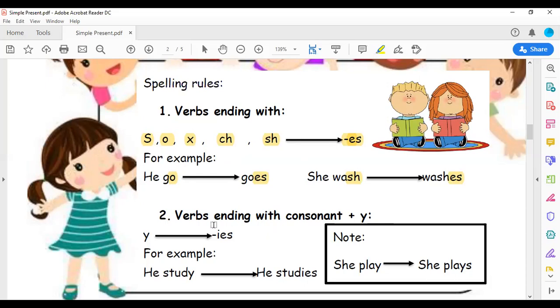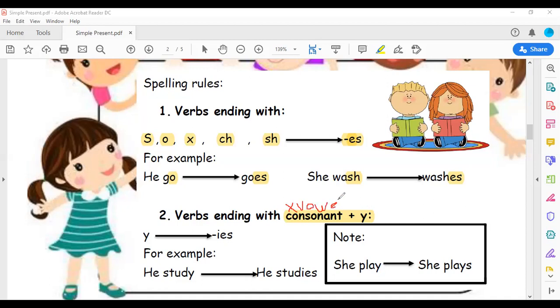Spelling number 2, verbs ending with consonant plus y. Consonant plus y. And let's remember together, what's a consonant? A consonant is not a vowel. Okay? So a consonant is not a vowel.